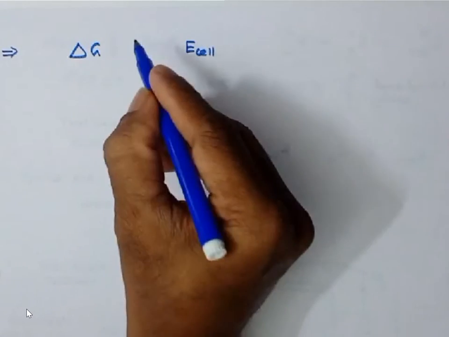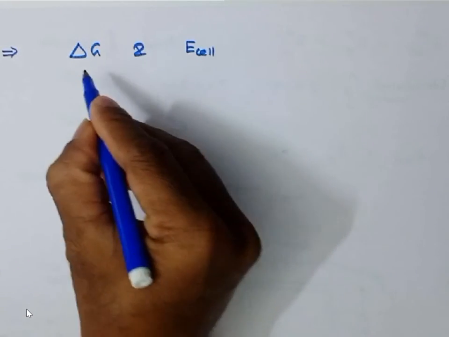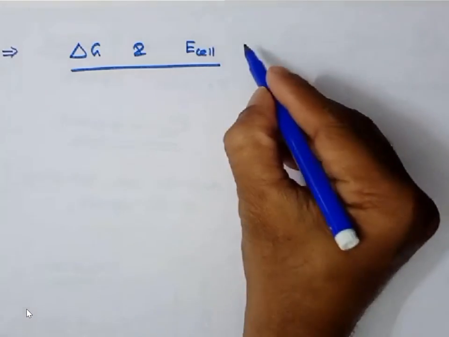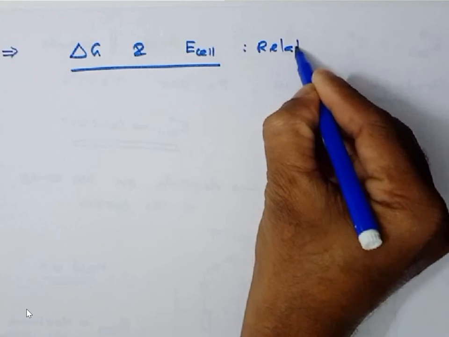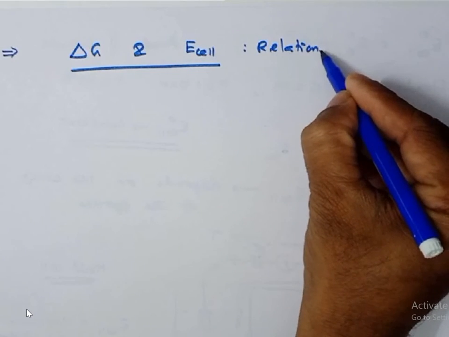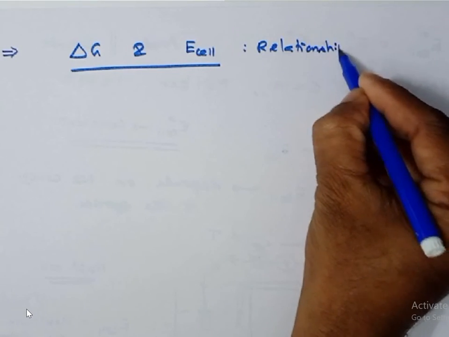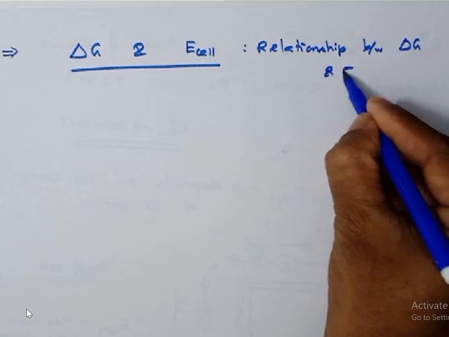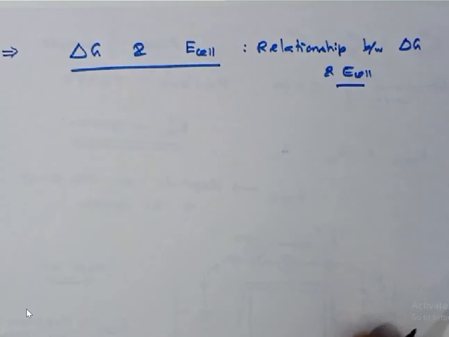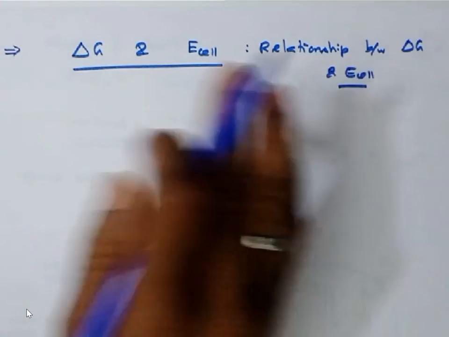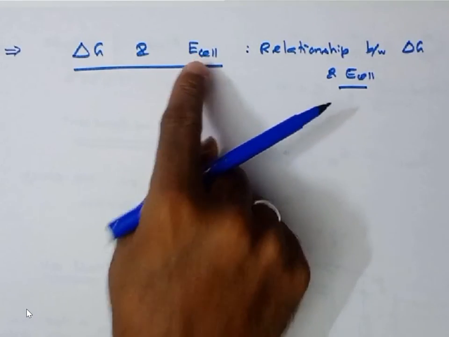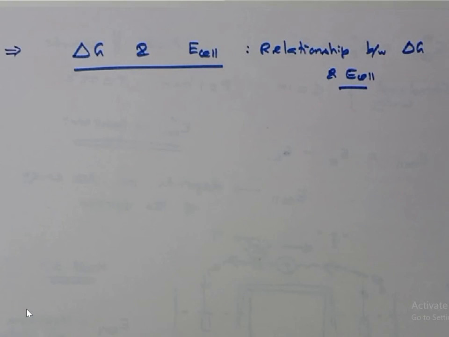Let me give the relation between these two. What is the relation between delta G and Ecell? First I'll discuss this, then I'll come back to the method to calculate cell potential. This is a very important part.